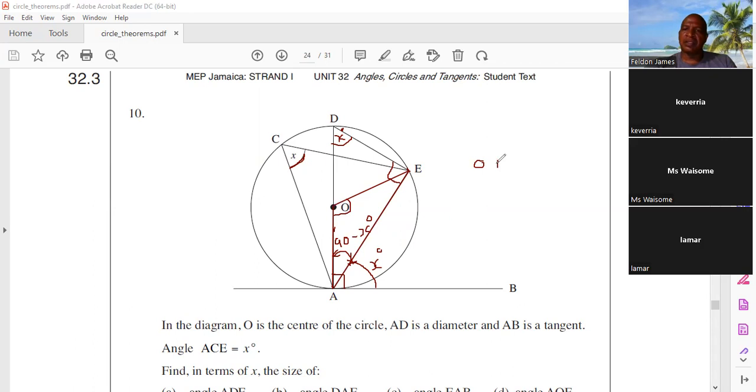So O plus 2 times 90 minus x would be 180. So we can just solve for O here now.